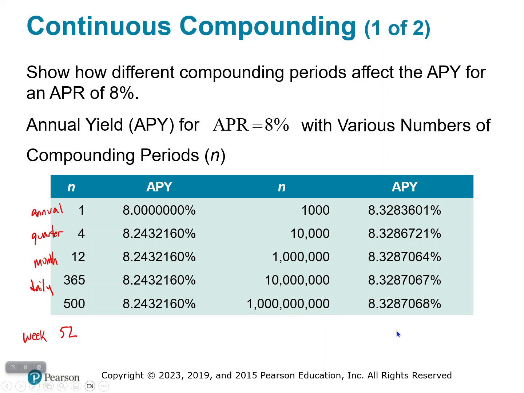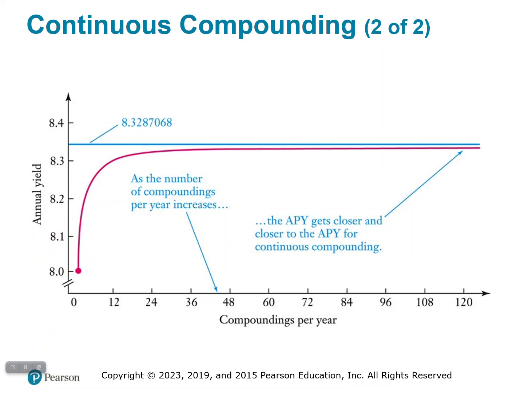We're going to end up calling that continuous instead of something crazy like a billion. But we can see here that although the annual rate starts at 8%, as the compounding per year increases, the annual percentage rate gets closer to the annual percentage yield for continuous compounding. This is called a limit.